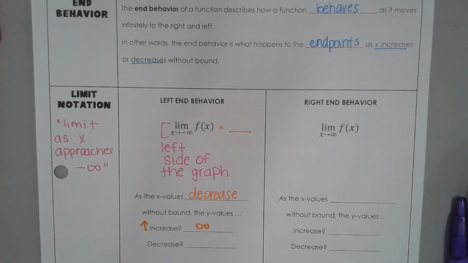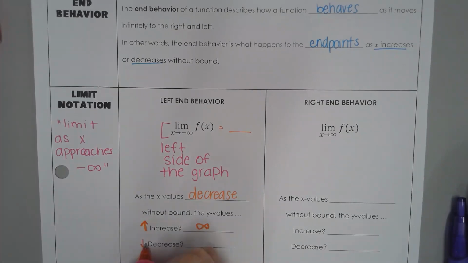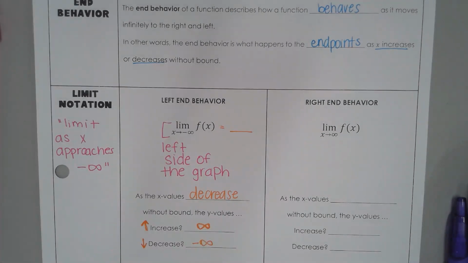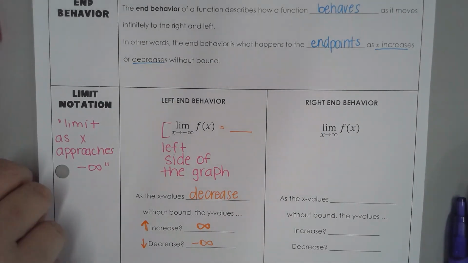This is what you have: the arrows are pointing up, the y values are getting bigger. On a graph, up. It's going to be kind of the same thing with the right end behavior.